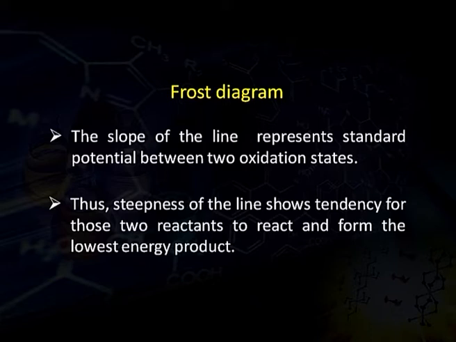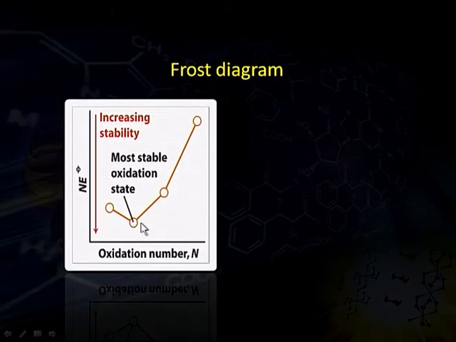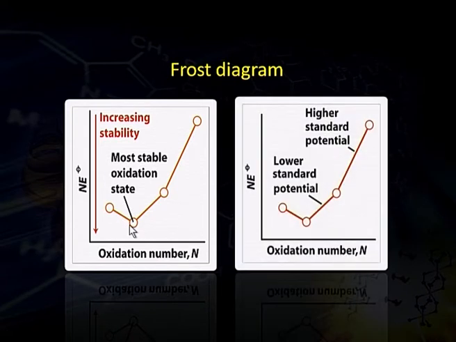Depending upon the steepness, it predicts which form has the better stability. This point, which is the convex point, represents the most stable oxidation state. So, through this the stability can be predicted; it has maximum stability.